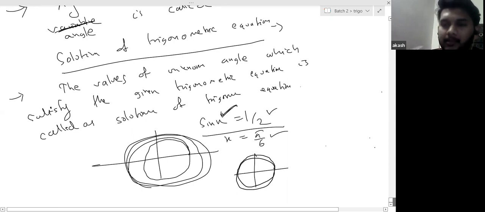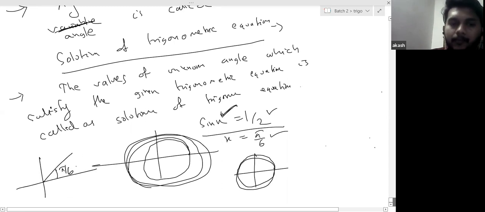If I tell you sine pi by 6, suppose this is pi by 6, and you are getting the value of half, right? In this angle, you are getting the value of half. So you start from this line, positive x-axis, you move to an angle of pi by 6 to get the value of half. Then you move forward. In the second quadrant also sine is positive. So in here also somewhere you get half.